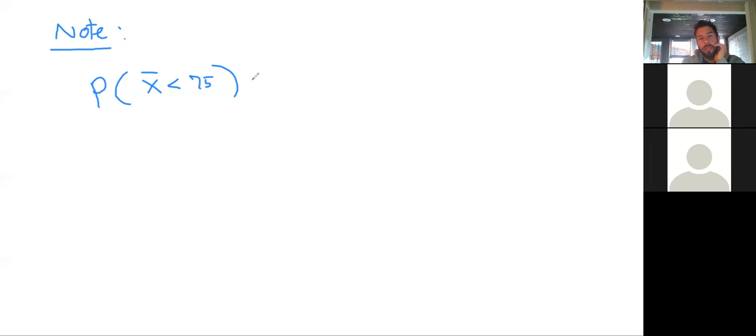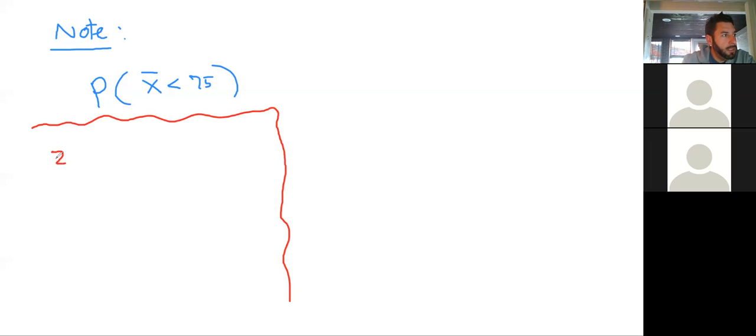So one way to do that, and we've done this two different ways, is to just do the algebra. Let me remind you of what I mean by doing the algebra. If I come over here on the side, I know that z is X bar minus mu over sigma over root n.